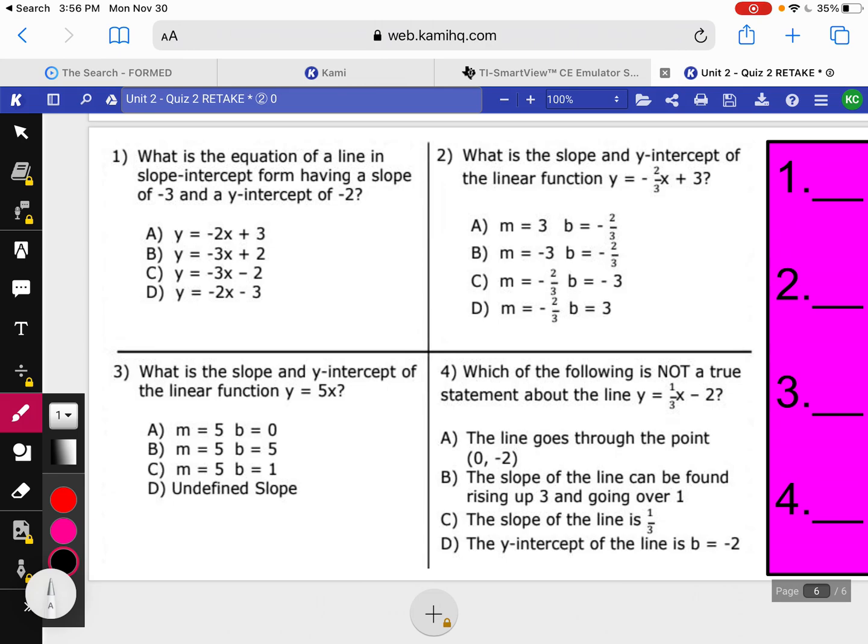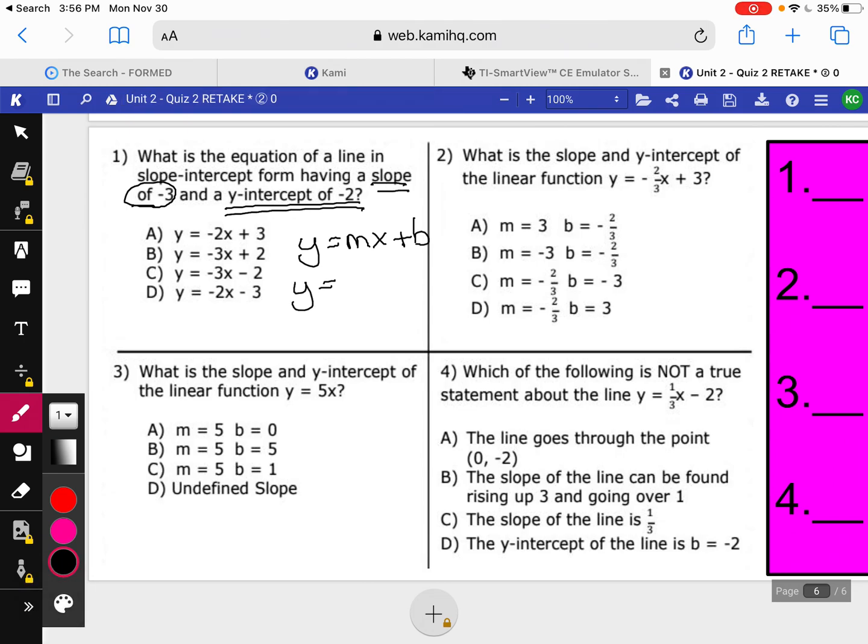Number 1, what is the equation of a line in slope-intercept form having a slope of -3 and the y-intercept is -2? Y equals mx plus b.